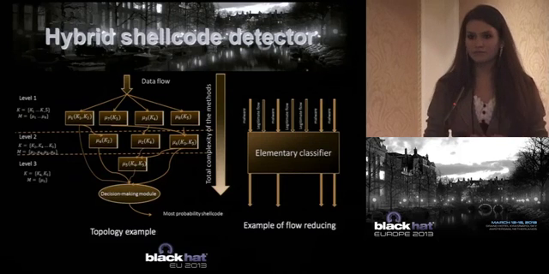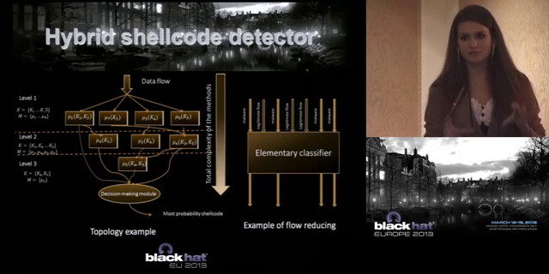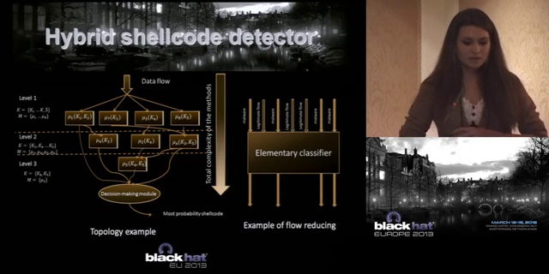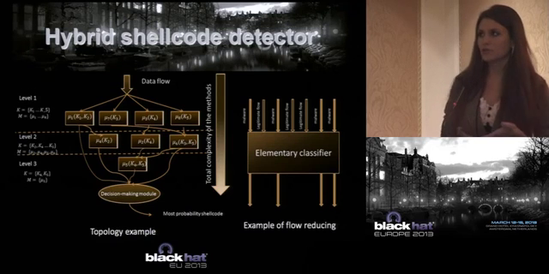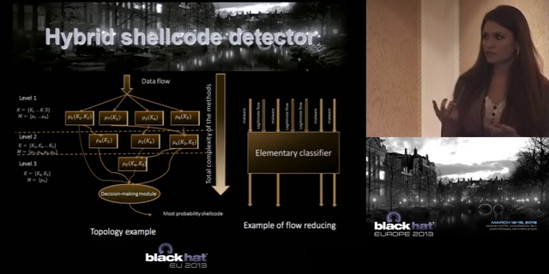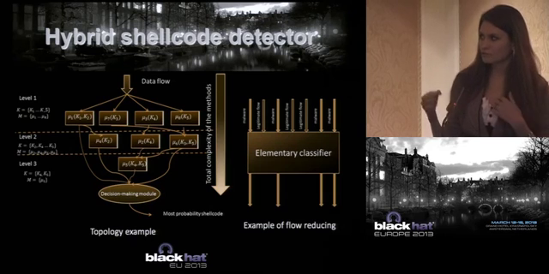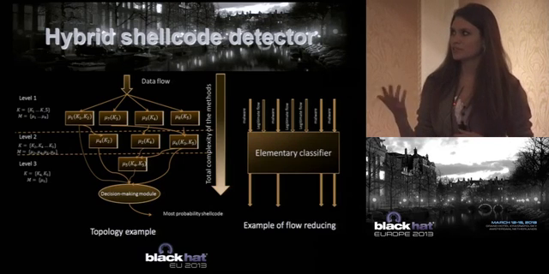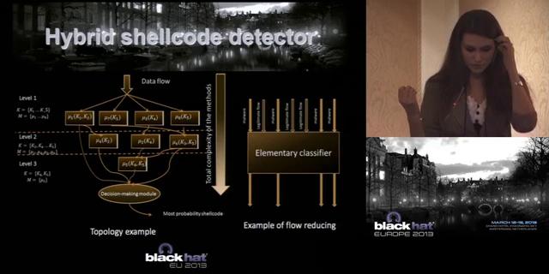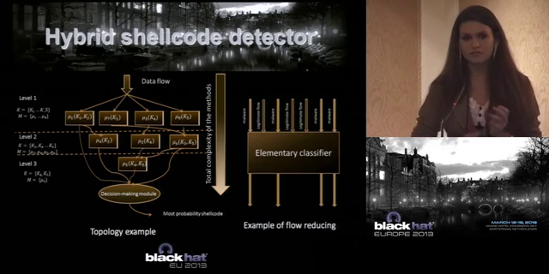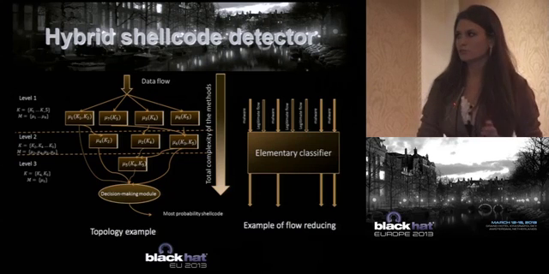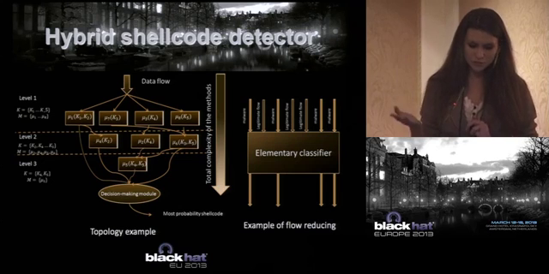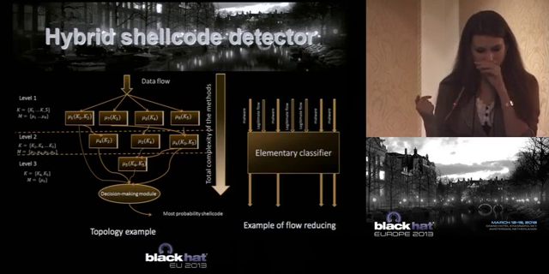Okay, now we have a shellcode detection library with a set of elementary classifiers. We formulate the task of constructing a hybrid shellcode detector that will provide complete class coverage and will be optimal in terms of false positive rate, false negative rate, and execution time.